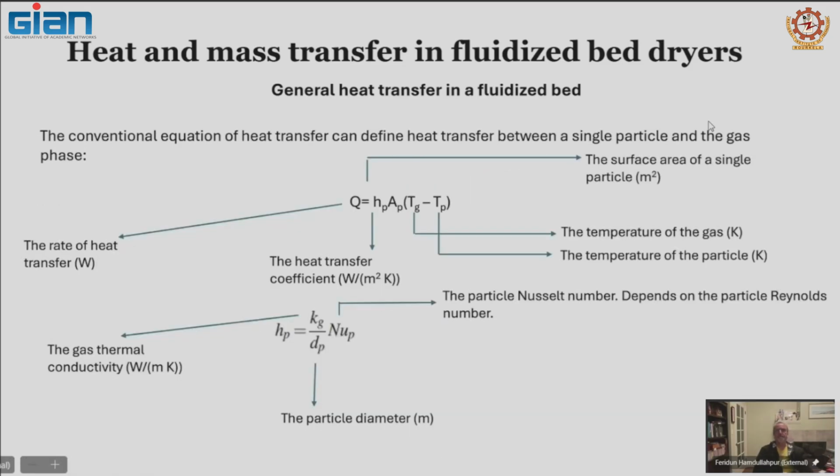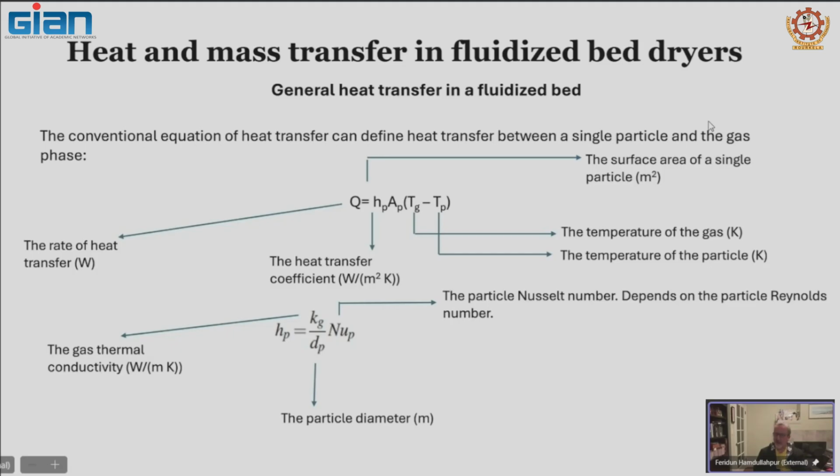So, I'm assuming you know your heat transfer and mass transfer, your transport phenomena and unit operations, that for the total rate of heat transfer from the bed to either a single particle or bed of particles, let's say a single particle, you need to have the heat transfer coefficient.